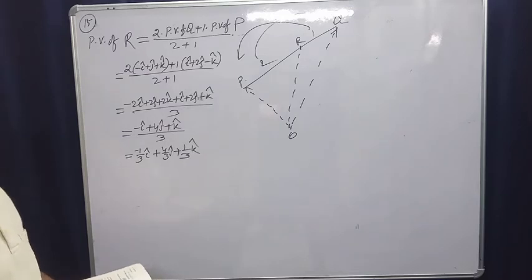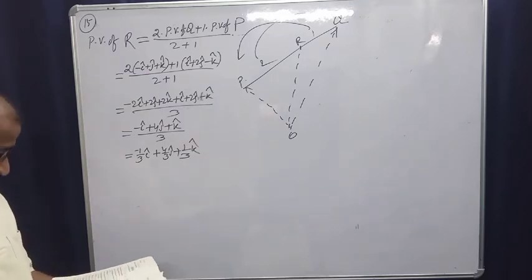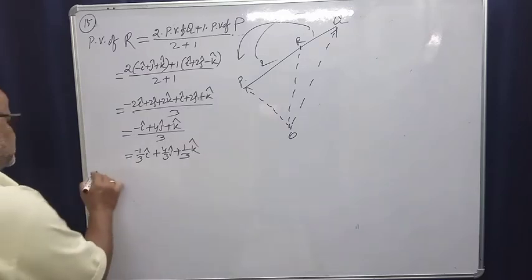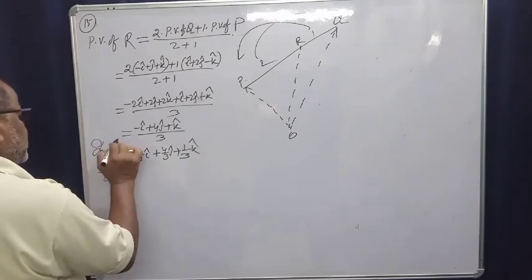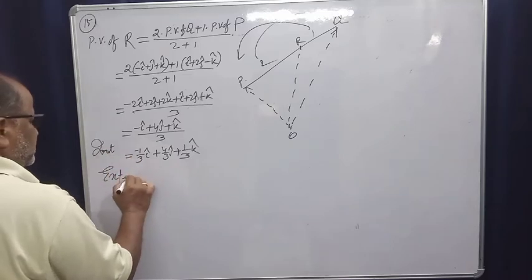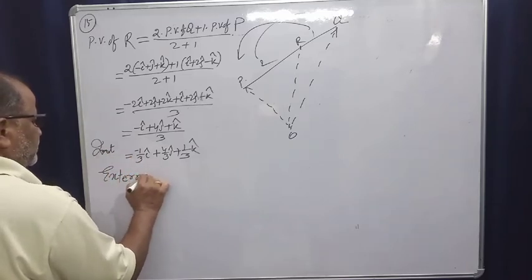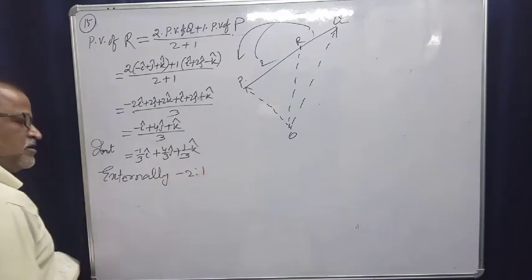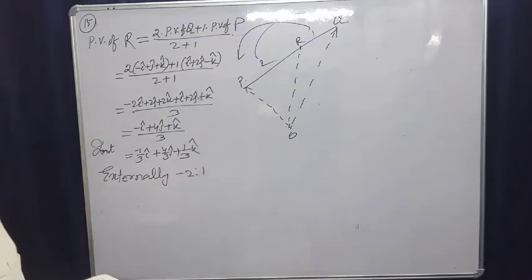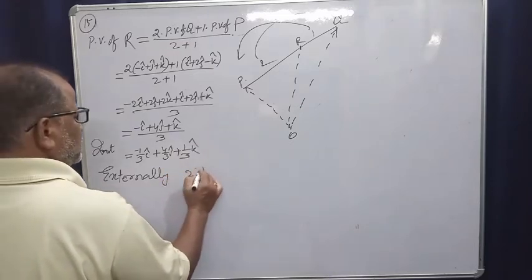This is if the point divides internally. If it divides externally, what will you take? Minus 2:1 you take, or 2:minus 1.